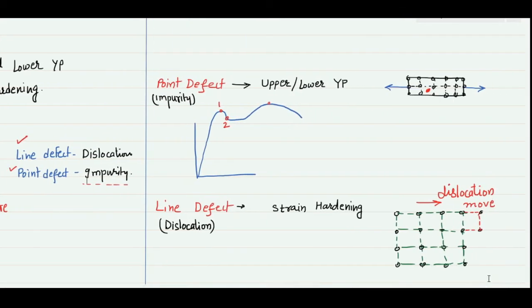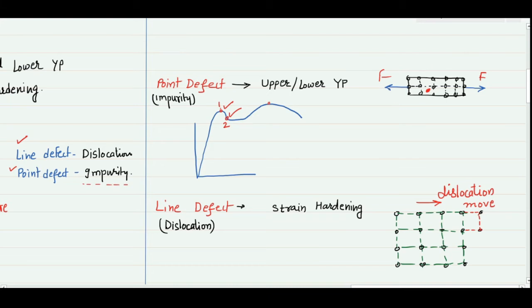And how so? As I have shown you, these 2 points indicate the upper and lower yield point, and when you cross the upper yield point there is a sudden change in length. Why did it happen? If this is my material and I am putting some force on it, it will try to increase in length, but this impurity is actually working as a speed breaker. It provides a locking between the two molecules, and it will not allow the material to increase in length.